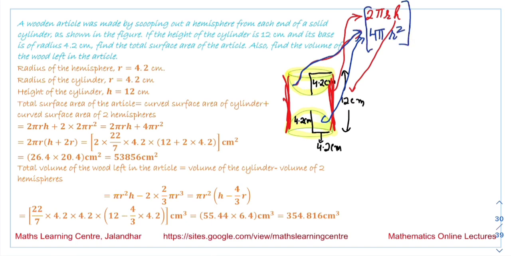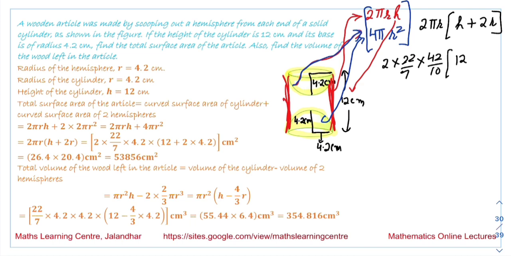So the total area is the sum of these two values, and the answer we obtain is equal to 2 pi r common, and we are left with h plus 2r. On substituting the values, it is 2 into 22 by 7 into 4.2 into 12 plus 2 into 4.2.